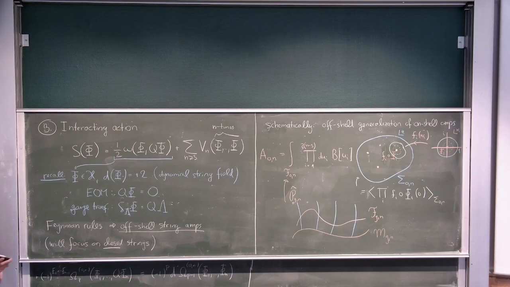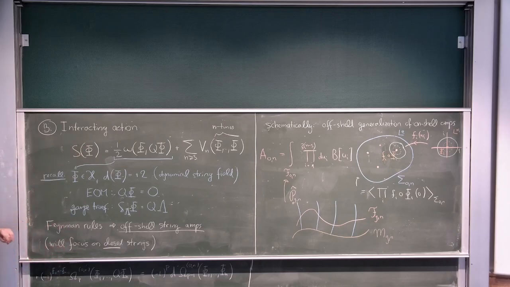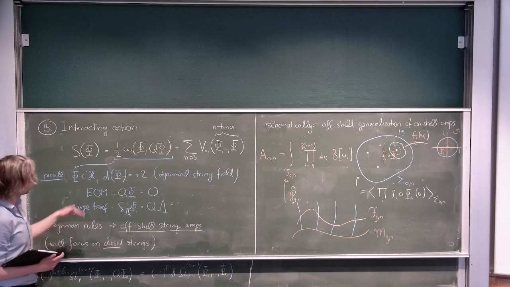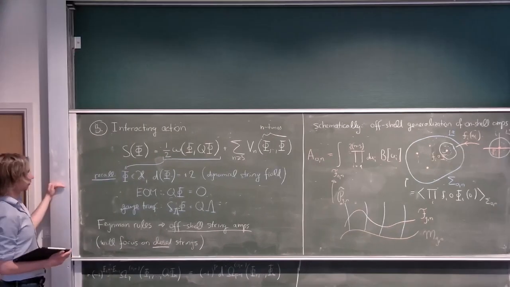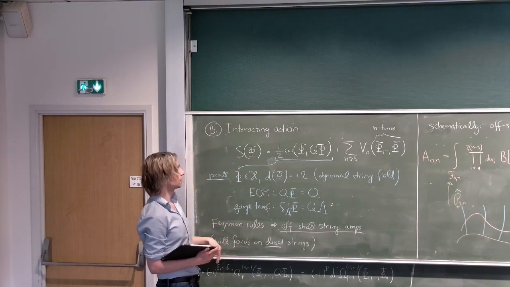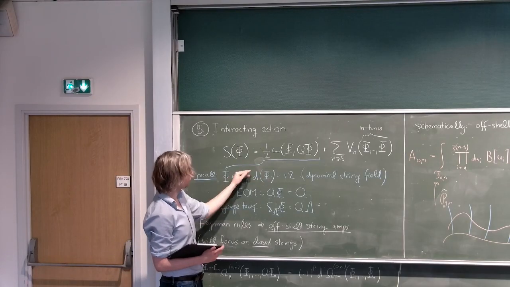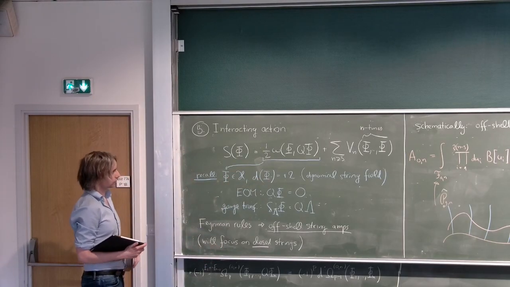And then what we started calling the dynamical string field phi is nothing but a linear combination of states in the Hilbert space of the worldsheet CFT. In this particular case, it's a particular class of states which arise at ghost number 1 in the open string case and ghost number 2 in the closed string case, which in this unified language is degree 2.